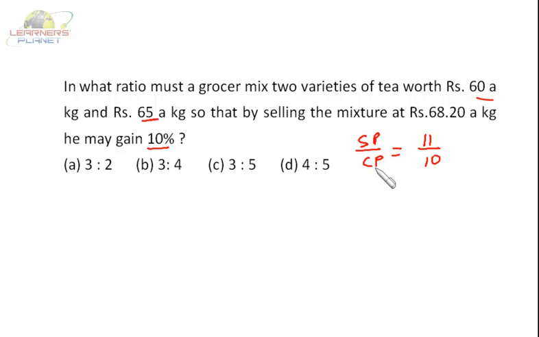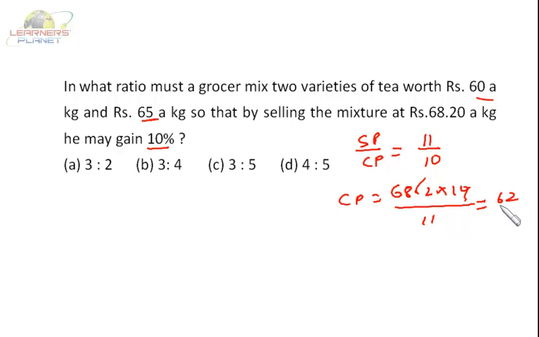That means the cost price of the mixture, which is producing 10% profit. So cost price is equal to selling price, that is 68.2 into 10 by 11. So it is 62. So the mean cost price is 62.